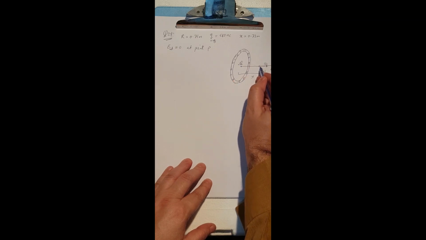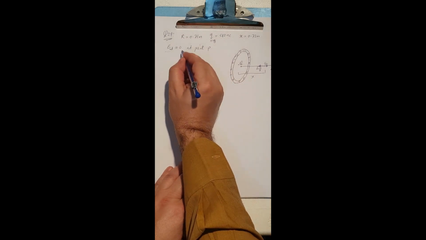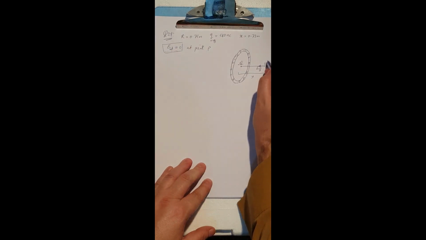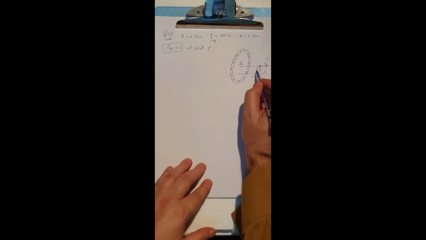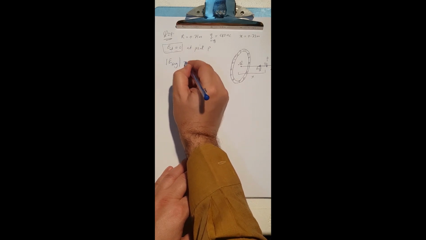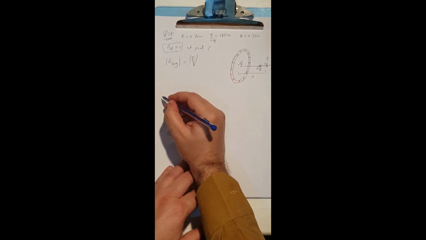Then I'll have E of Q this way, and then I have two electric fields opposite. Now, if the total electric field is 0, I want it to be 0 at point P, then I must have this electric field equal to this in magnitude. So we say E of the ring must equal E of the charge.